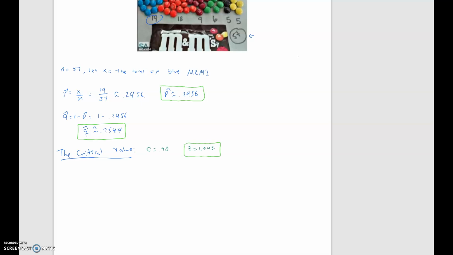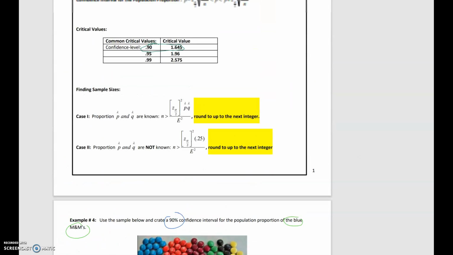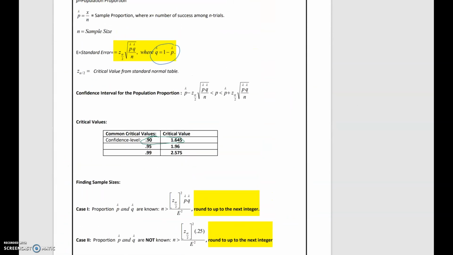Now, remember that the standard error for proportions, in this case, is going to be the critical value times the square root of p hat q hat divided by n.